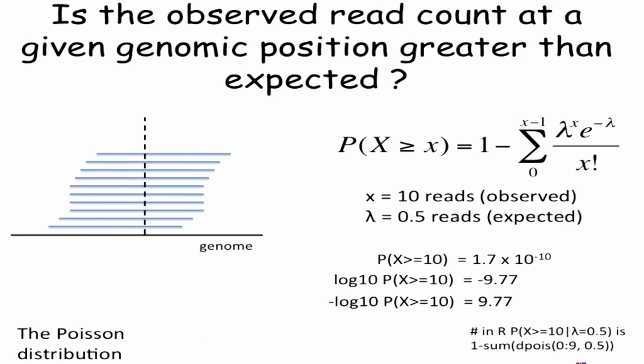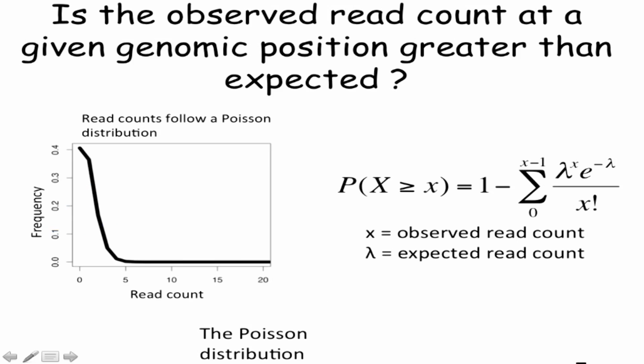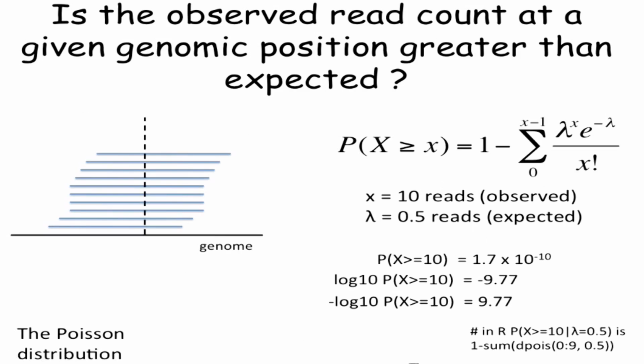Then you simply put these read counts into a Poisson distribution, and that answers the question of whether the observed read count at a given genomic position is greater than expected by chance, right? So you put this into this function here. This is the kind of numbers that you get if you feed all these numbers in there.